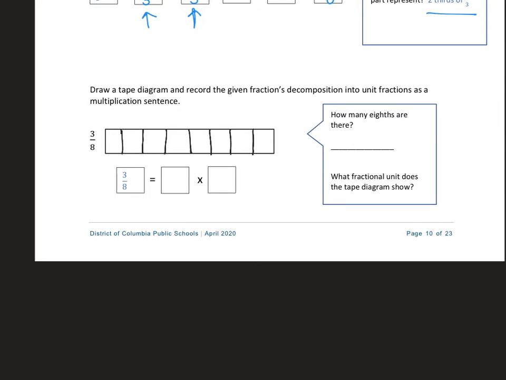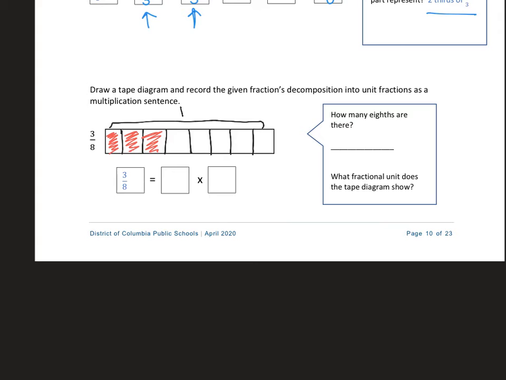All right, and that's kind of equal. All right, and then I'm going to shade in 3 because my fraction is 3/8. And I'm not going to forget to label my one whole, which is this whole thing.